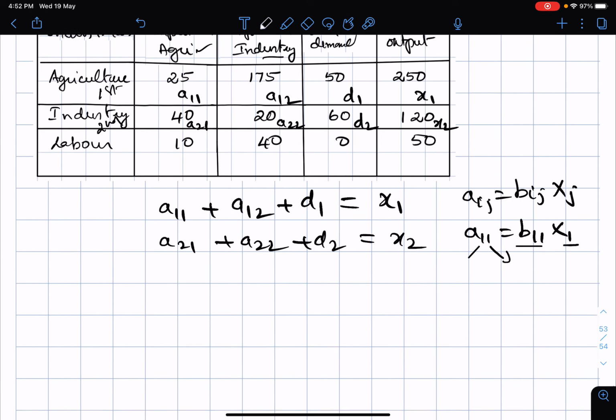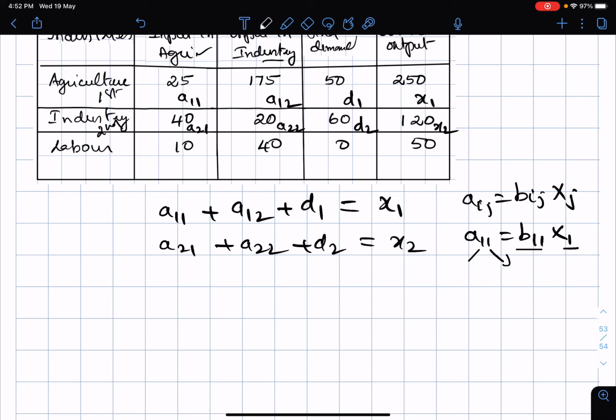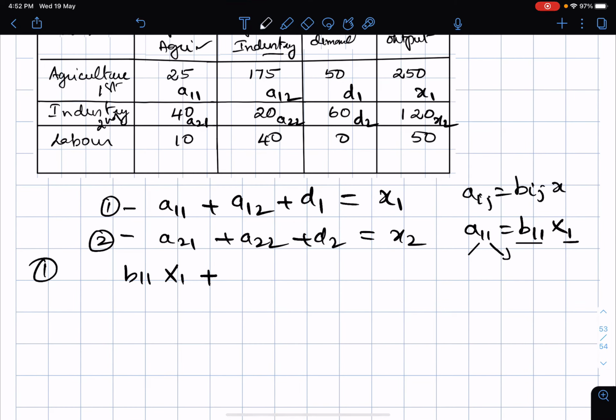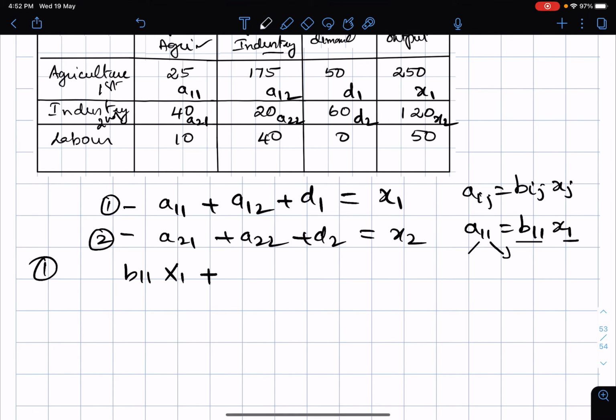So instead of A11, you can write it as, here this equation is 1 and this equation is 2. So in 1, when you substitute this proportional, you will get B11 x1, or you can place it with a small x1 also. Both are the same.